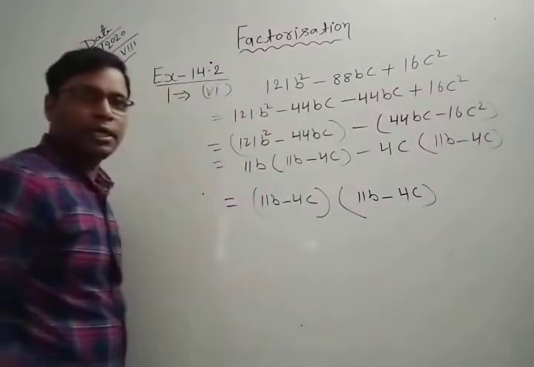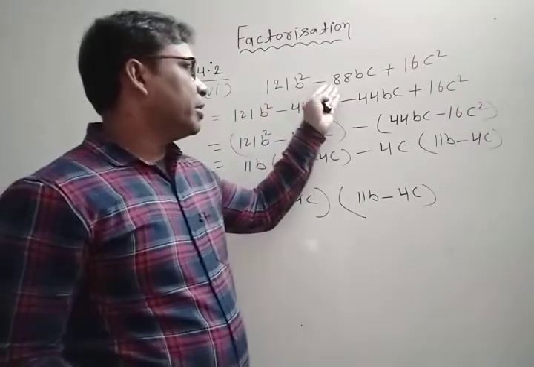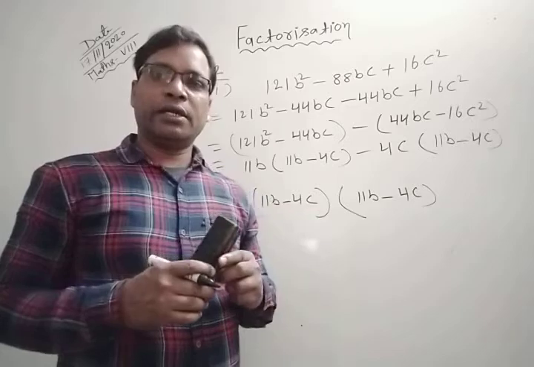So here you can see that we found the factorization of 121b square minus 88bc plus 16c square without using any identities.